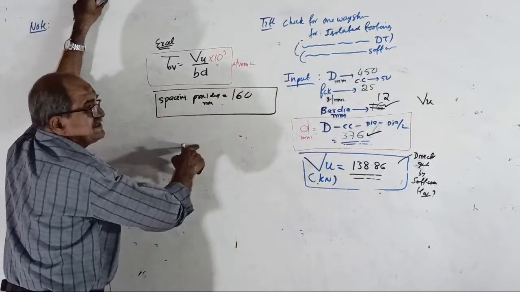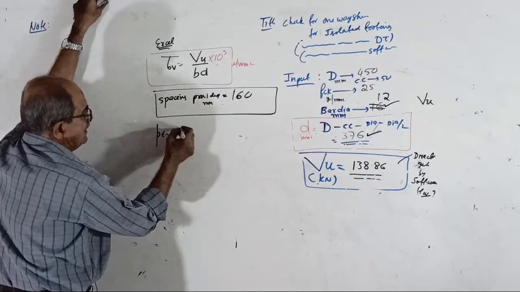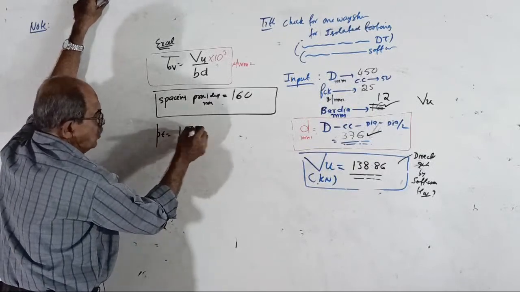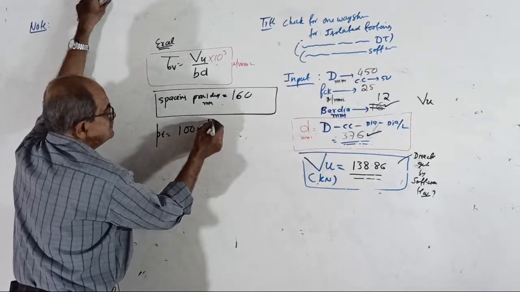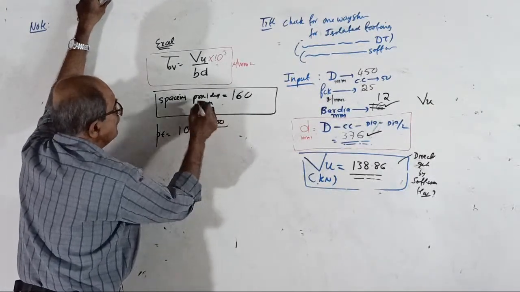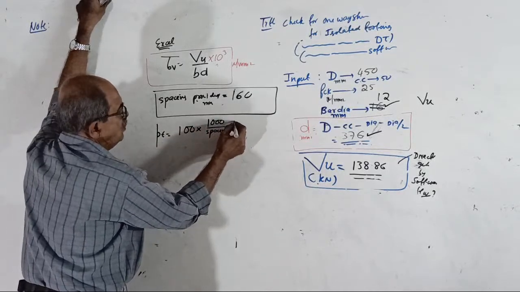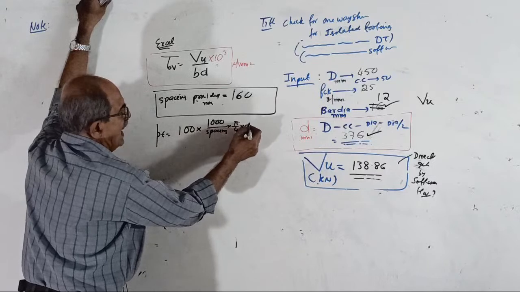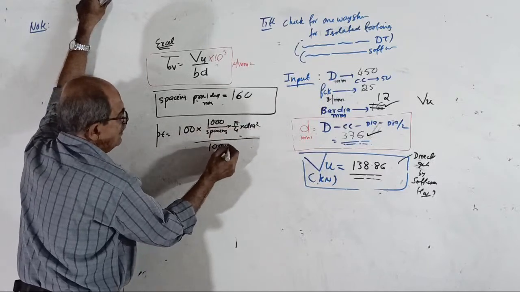Then tell the Excel directly, PT equal to what? 100 into AST provided, which is 1000 divided by the spacing into pi by 4 of diameter square, divided by 1000 divided by d.